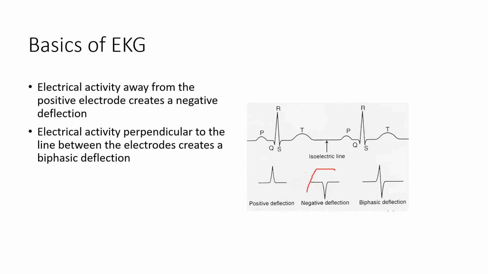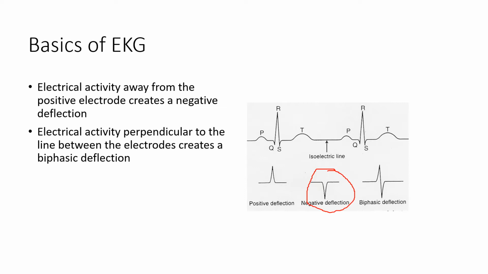As you can see in this middle picture, many people don't like to look at negative deflection, but again, when you're looking at all of the leads that are on, we'll say even a 12 lead EKG, you have 12 views or 12 pictures of the heart at different angles.